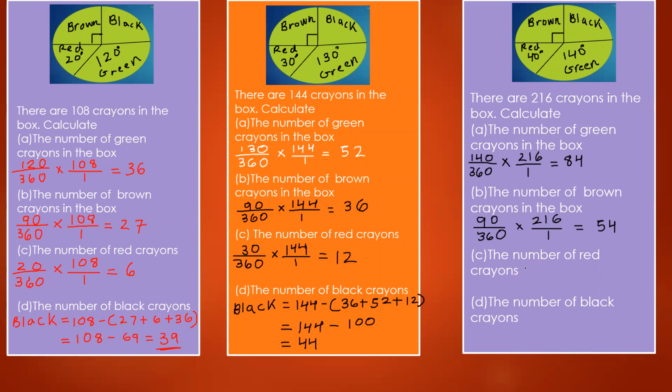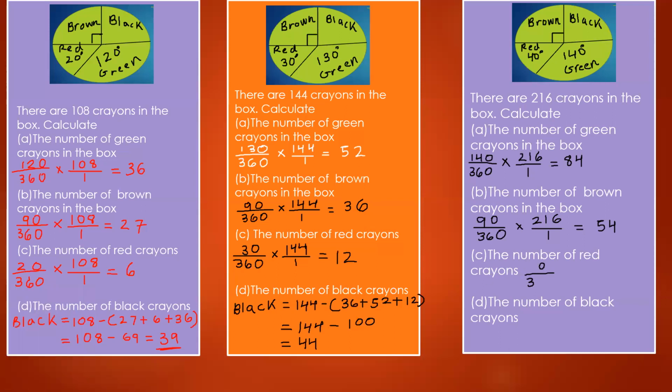And then we have C. We want the number of red crayons. What's that going to be? 40 over 360 times 216 over 1.